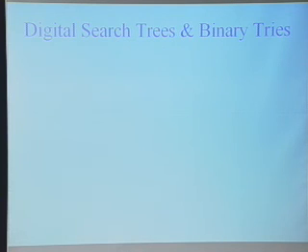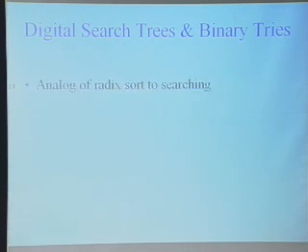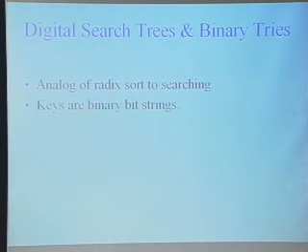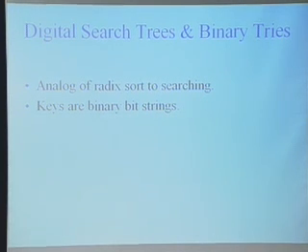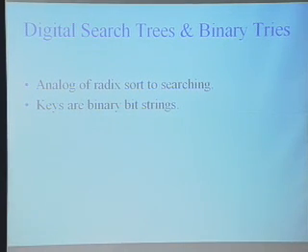And initially, what you're going to be looking at is decompositions using a radix of 2, so binary decompositions of keys, and then organizing search structures based on the bits in a key. Okay, so as I said, it's an analog of radix sort to searching. We'll interpret each key as being a string of bits. So you got zeros and ones.